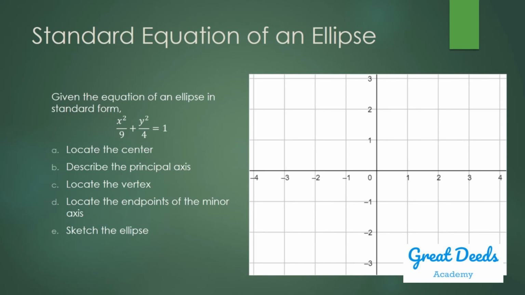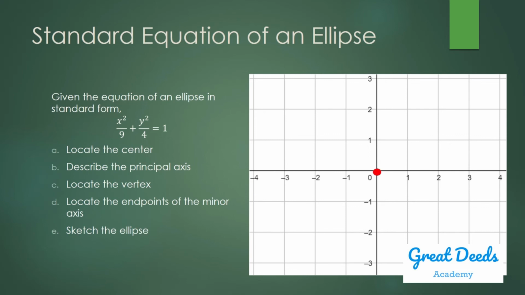Given the equation of an ellipse in standard form, this is our equation. We shall locate the center, describe the principal axis, locate the vertices, locate the endpoints of the minor axis, and sketch the ellipse. So this one has a center which is at the origin, (0, 0).